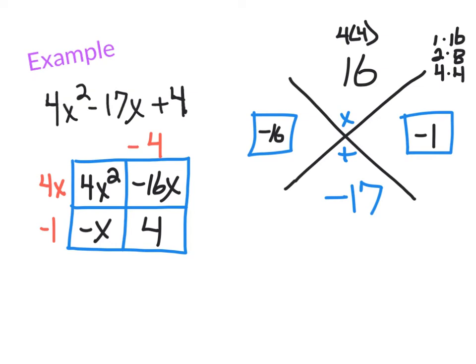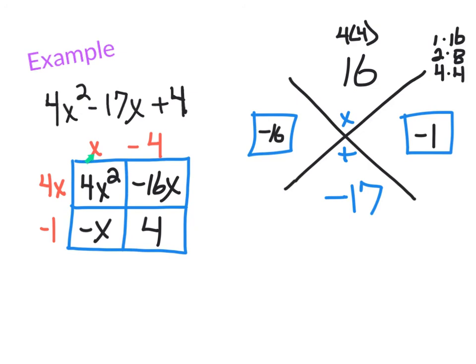Now here, where we have a negative x and a 4x squared, the only thing common that we can take out is the x, and we take out the positive x. Remember, if we multiply 4x times x, we want that to be positive 4x squared.